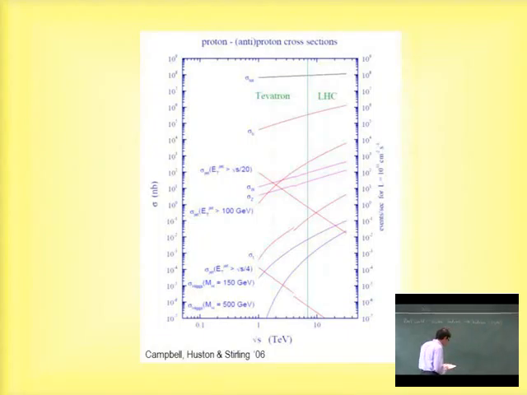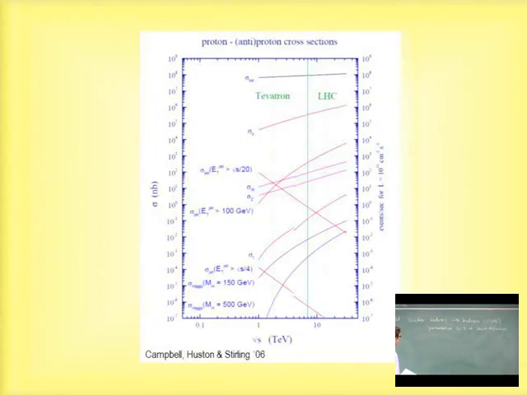But what we're expecting is that the underlying physics, the short distance physics, is described by perturbative QCD. Short distances, of course, meaning large momentum transfer, or in the case of hadron colliders, large transverse momentum.